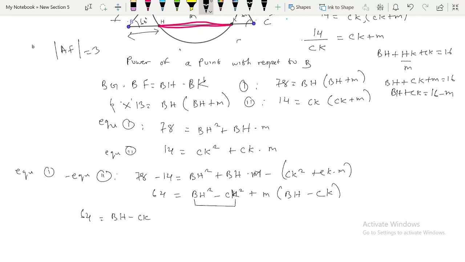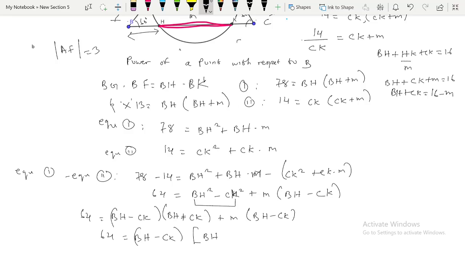These parts I can use difference of two squares here, BH minus CK, subtract and plus. Then I can bring this out, BH minus CK. So I'll have just this.